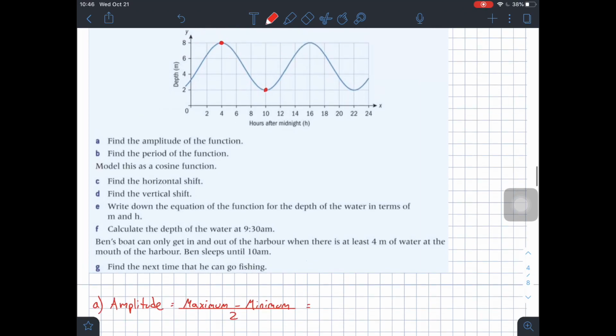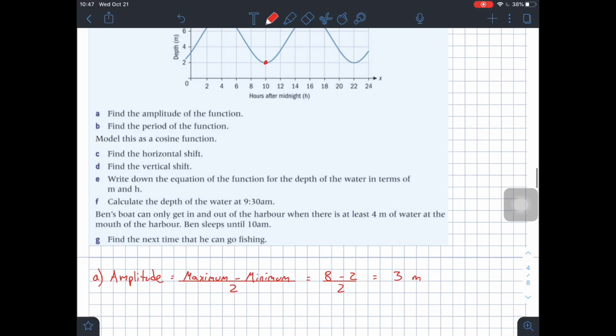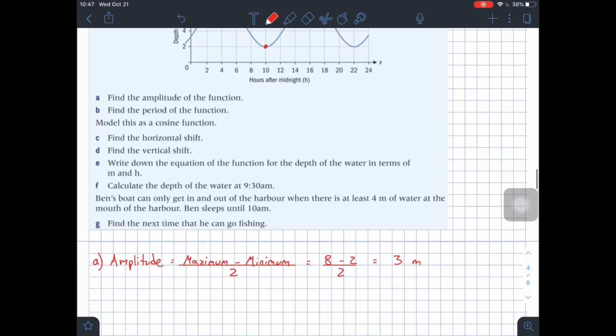So the maximum value is 8, the minimum value is 2, so 8 minus 2 divided by 2, this gives us 6 divided by 2, that's 3, and that's the value of the amplitude, right? 3 meters in this particular case. That means that the value of A for our trigonometric function would be 3. Okay, but this is the answer. We're asked for the amplitude.